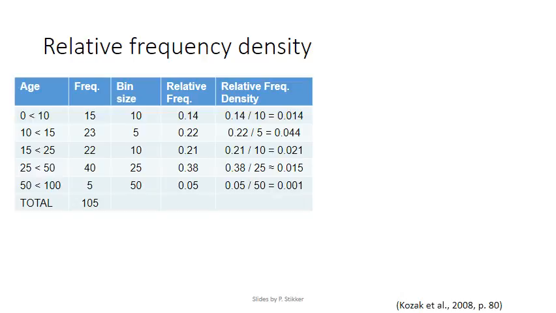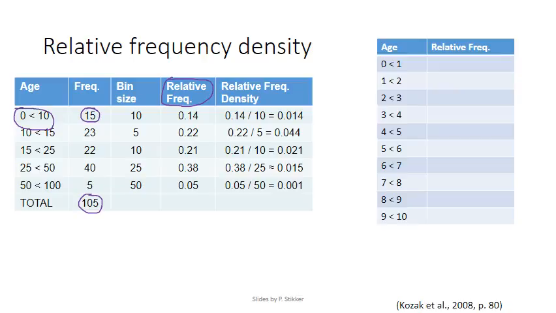We can apply this same technique to the relative frequencies to get relative frequency density. For example, here's a table, and I've already calculated the relative frequencies, which was the frequency divided by the total. Now, to calculate the relative frequency density, we again have, for example, the age category 0 but under 10. We split this up into 10 different bins, because then we have a bin size of 1 each time.